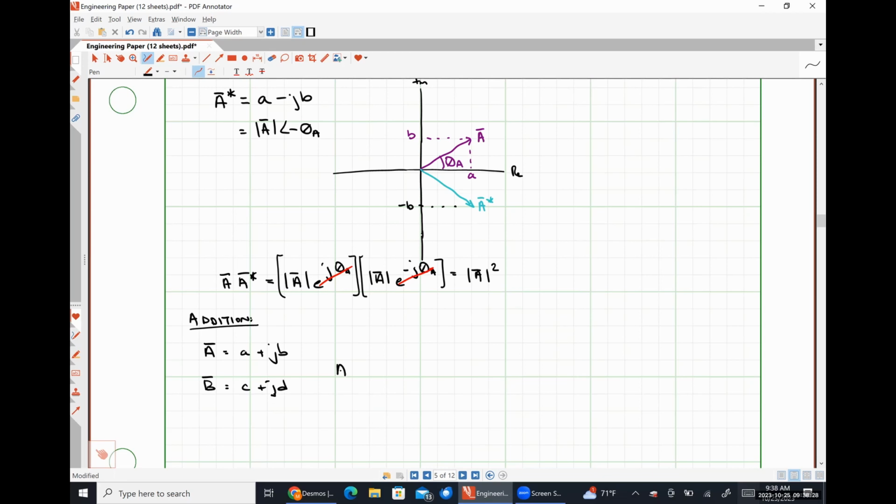If I want to do the mathematical operation of A plus B, that is literally just a plus jb plus c plus jd. And I'm just adding these together as if they were vectors. So the real parts are going to add together and the imaginary parts are going to add together. So I would have a real part of a plus c plus j times b plus d.